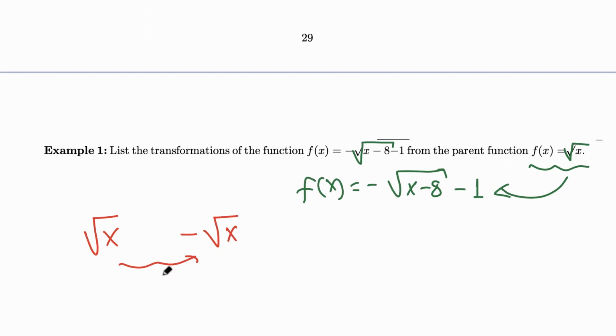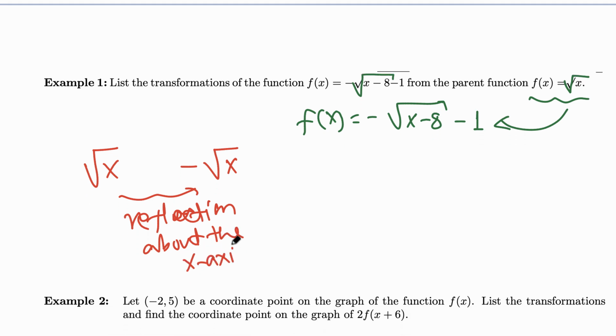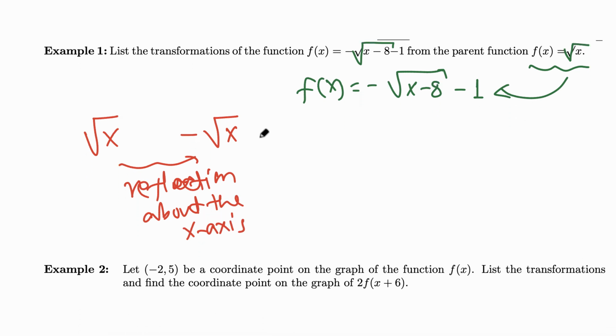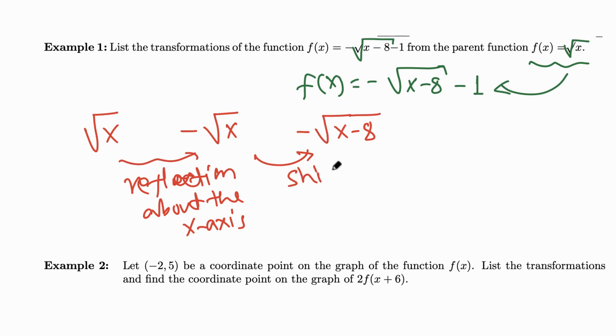Then minus 8 inside means it's a horizontal shift. Minus 8 means shift right. So once we reflect about the x-axis, now shift 8 units right.